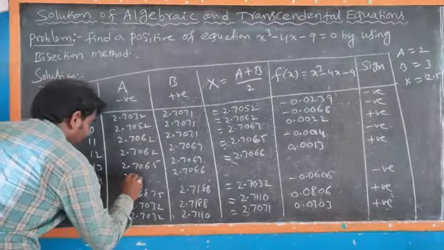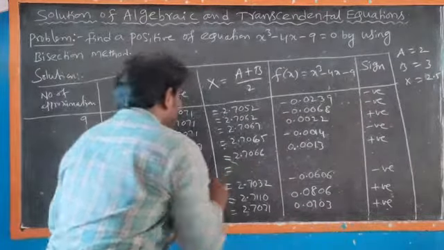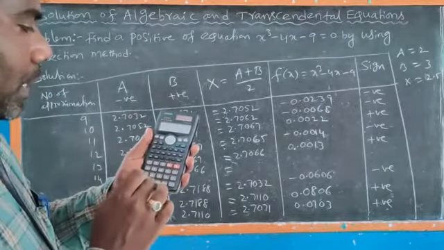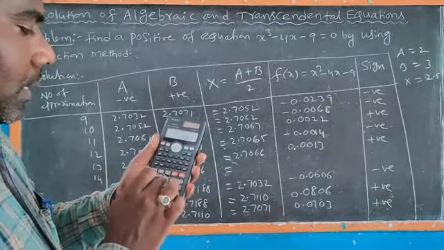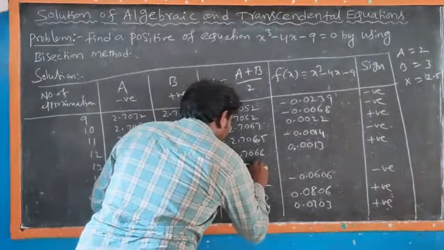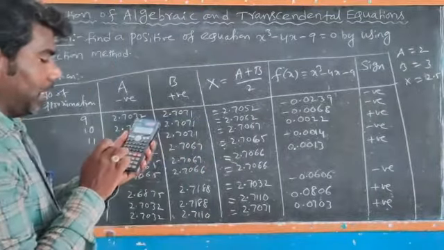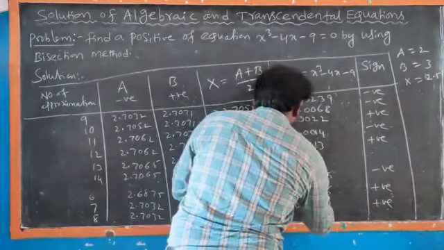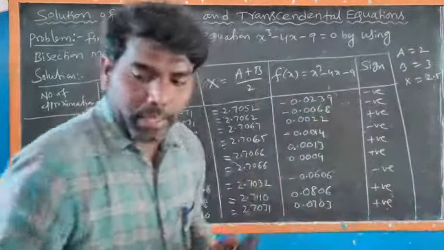This is put to b, the a value is the same, 2.7065. So now calculate the a value 2.7065, b value 2.7066, then 2.7066. Then substitute in the equation, then 0.0004. This is positive. Okay, right.